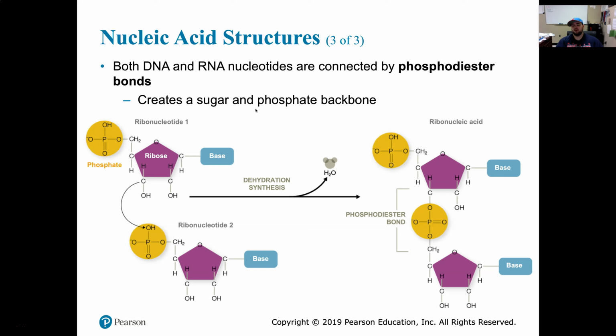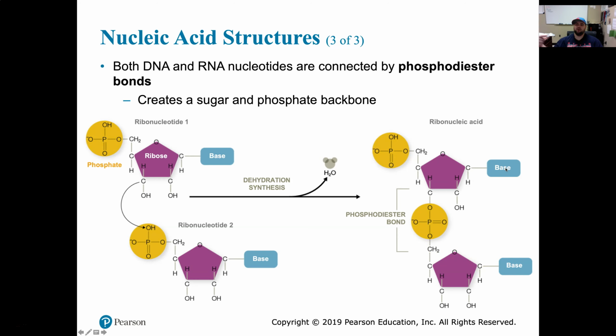This is just showing you how DNA and RNA are built. We create a backbone, a phosphate backbone. And you can see we're using dehydration synthesis, right? Losing a water to build something and create bonds. So we create a phosphate backbone. Here's the base facing inward.